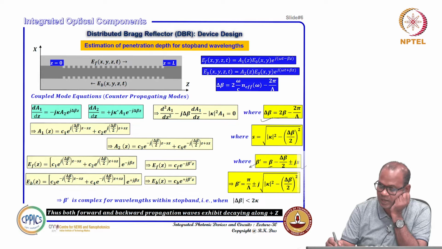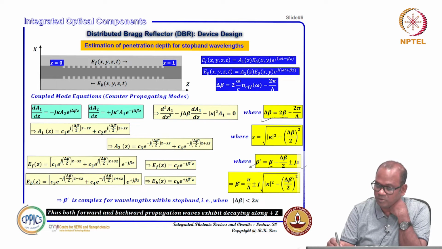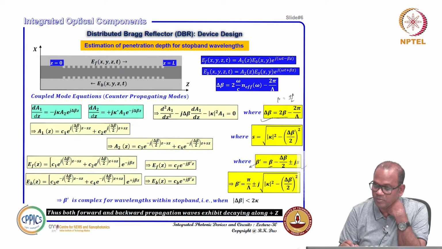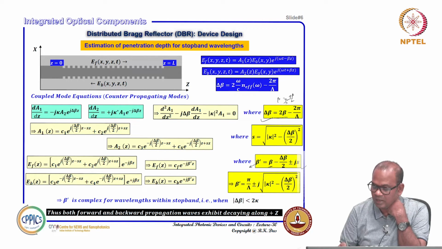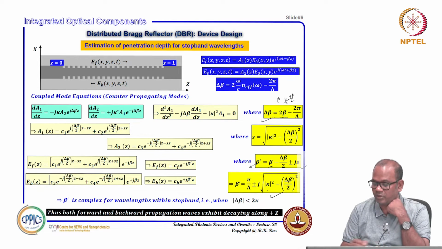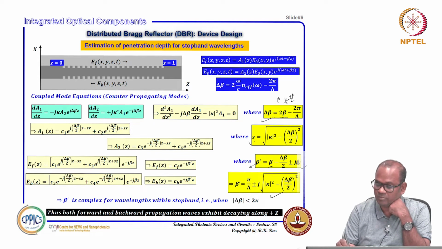So I can say that here, for example, beta value equal to delta beta by 2 plus pi by lambda, and I have another delta beta by 2 that will be cancelled. So beta prime can be written in this form if I substitute S, which is given by this one.